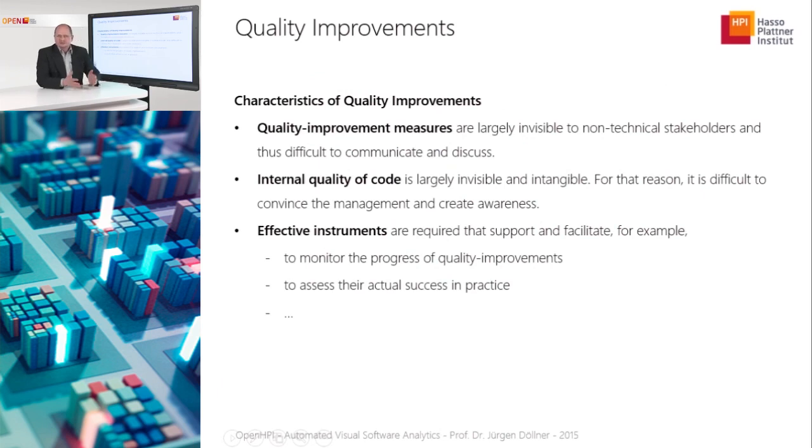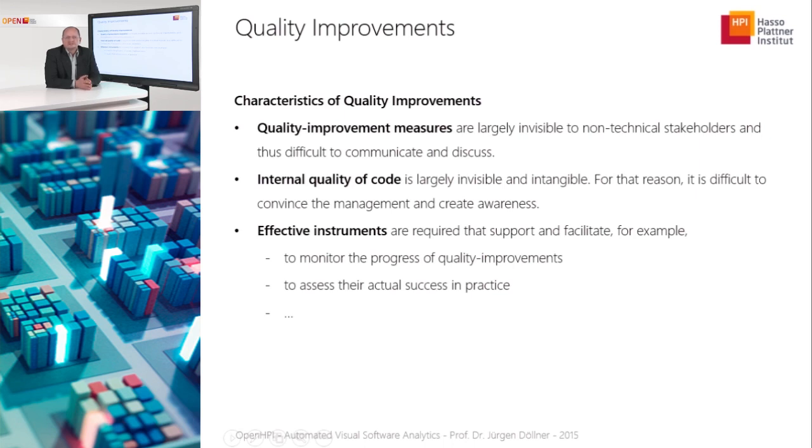Quality improvement measures in a software development process are largely invisible to non-technical stakeholders and sometimes even to technical stakeholders, and thus are difficult to communicate and to discuss. Internal quality of code is largely invisible and even intangible.